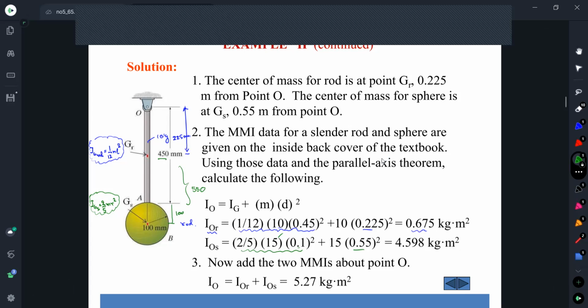So the mass moment of inertia of the sphere about point O is 4.598 kilogram meter squared. Now we add the two mass moments of inertia about point O together and find the total mass moment of inertia. That completes this problem.